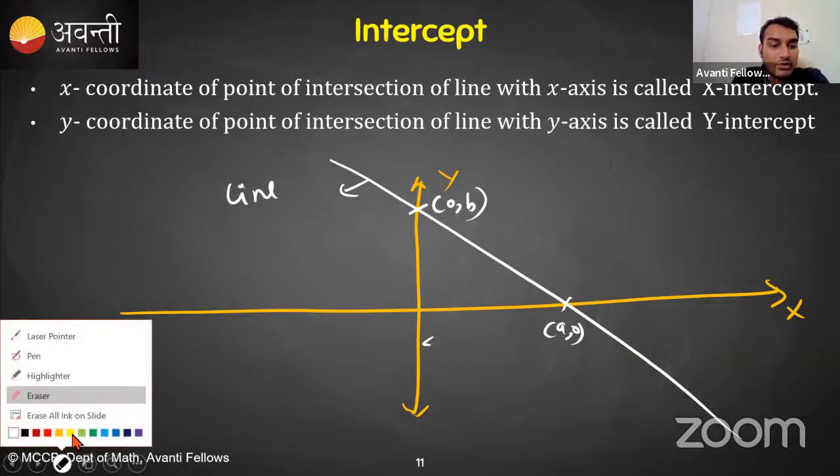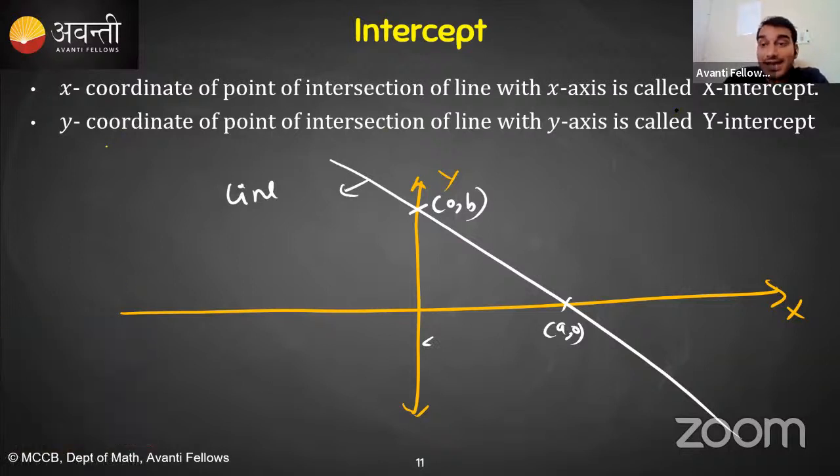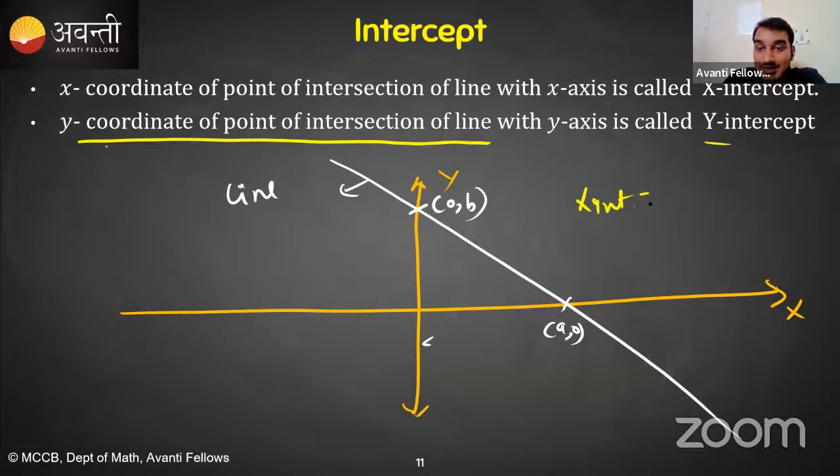And similarly, the y intercept is the y coordinate of the point of intersection of the line with the y axis. So here, x intercept is a, y intercept is b. Clear?